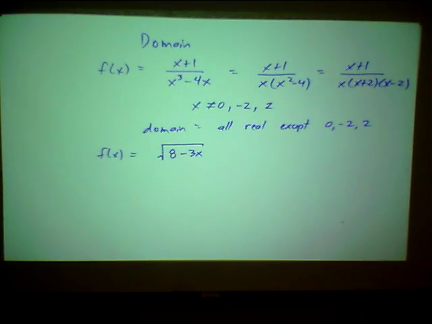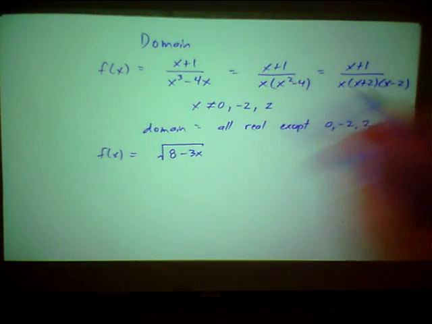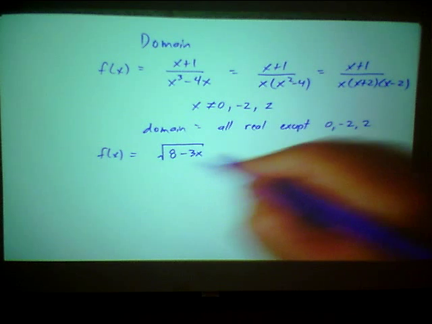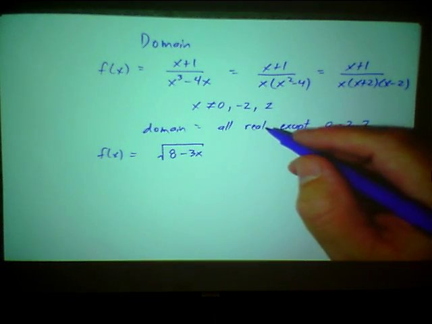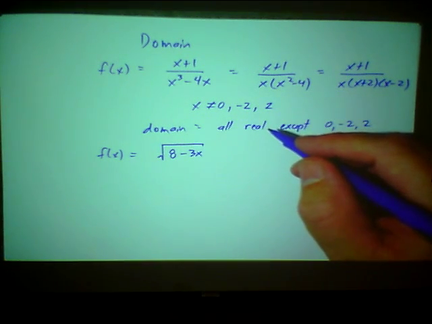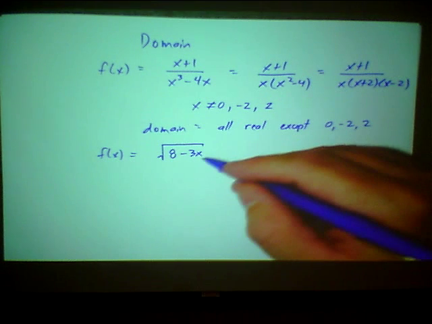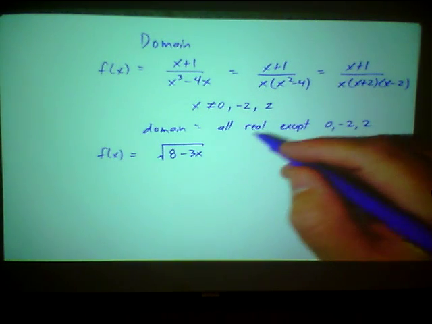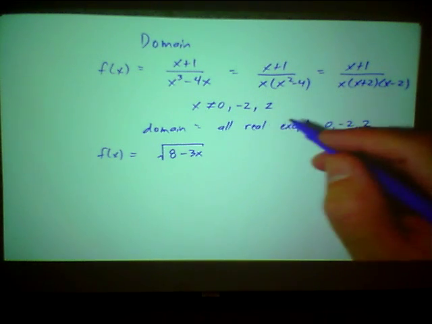So when we're talking about the domain, what are all the possible values of x? What values can x be? Well, in this case, I've got to make sure x is never a number that would cause the expression under the square root to be negative. Whatever x is, I have to make sure 8 minus 3x ends up being a positive number or 0.